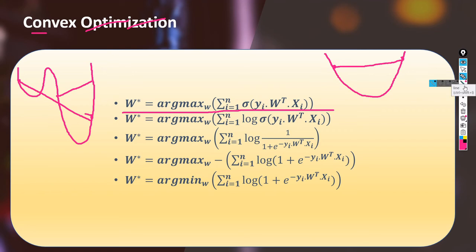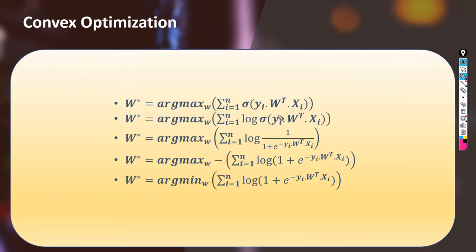But here, what we are doing is wrapping the sigmoid term again with another function, that is log. And what it is giving us is changing our optimization function from non-convex to strictly convex. If you just plot log of sigmoid of x, you will see a convex function.